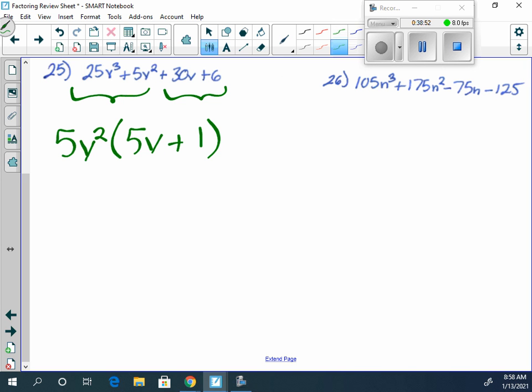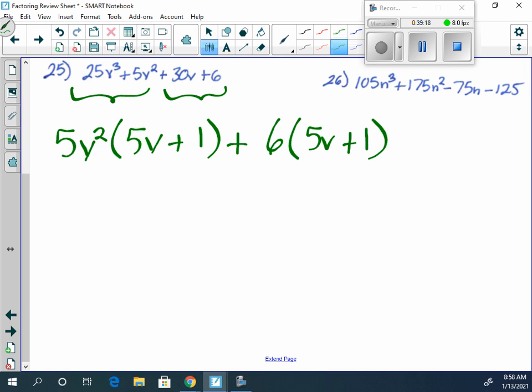Whenever it factors out completely, we have 1. Plus 6, 30v and 6, the greatest common factor is 6. So when I factor 6 out of 30v, we'll have 5v. And 6 factored out of 6 is going to give us 1. Questions on this here?